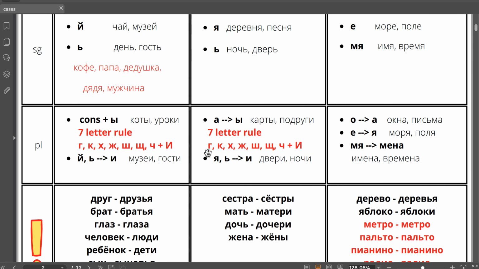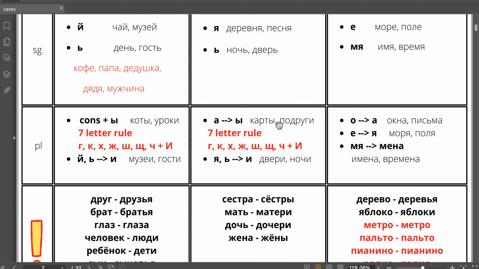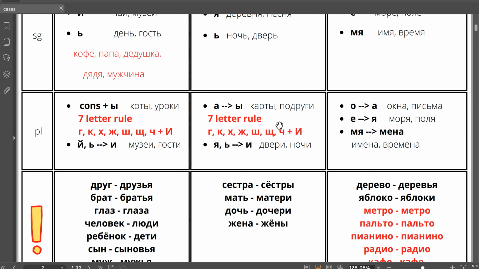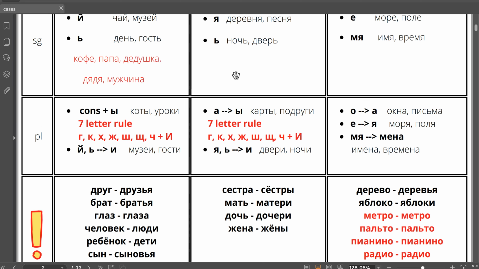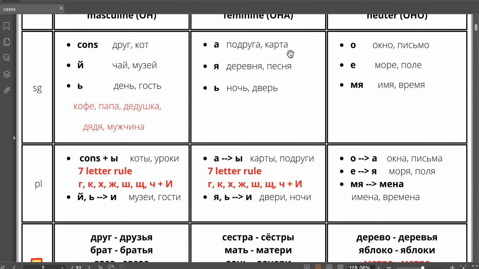Perfect. Now let's continue with feminine. We know how to identify feminine gender. Now we will learn how to create plural feminine nouns. If your singular feminine noun has the ending а, you change it to ы. For instance, карта becomes карты.